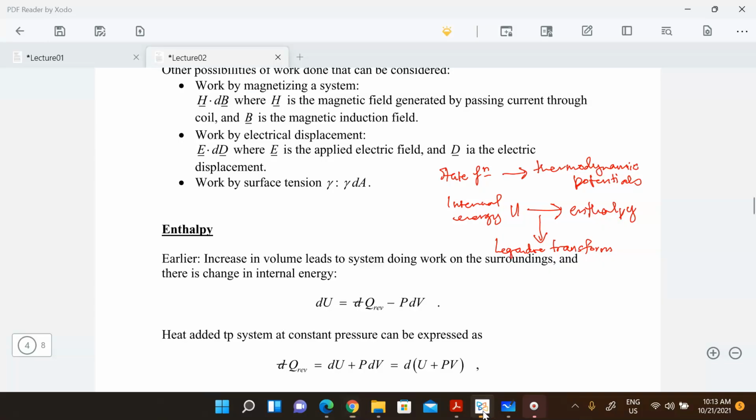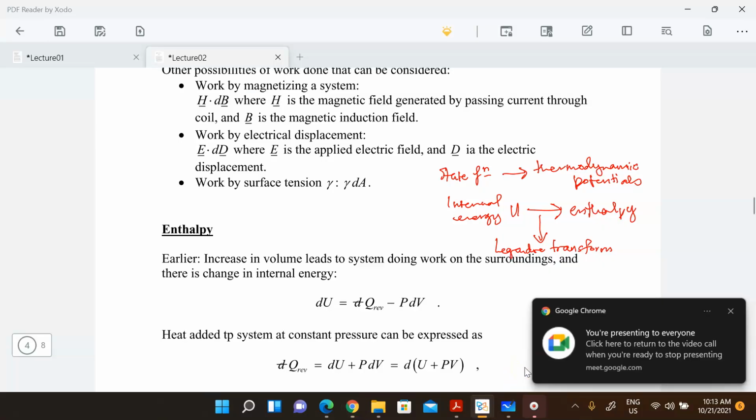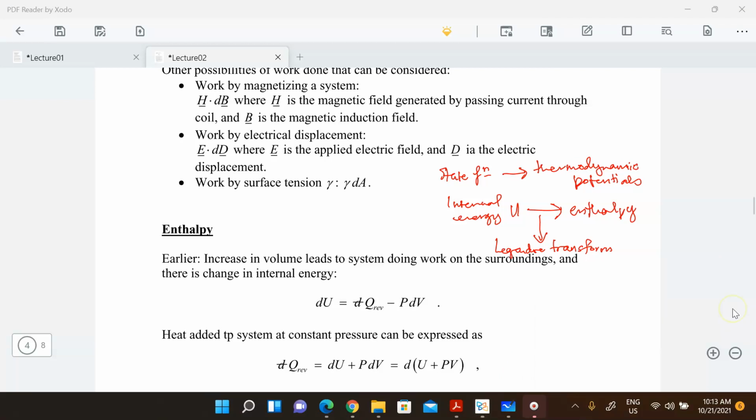If you have done classical mechanics, there are two versions of classical mechanics. The old one is Newtonian mechanics. Newtonian mechanics is like thermodynamics, an empirical kind of study, because Newton's laws all come from experimental observations. But there is a modern version of it.